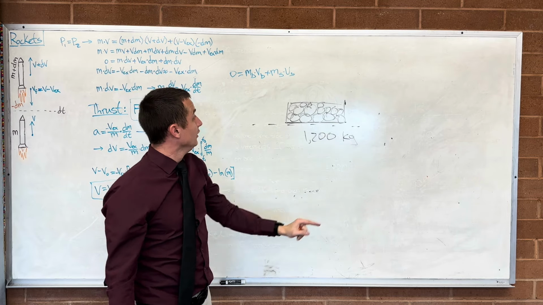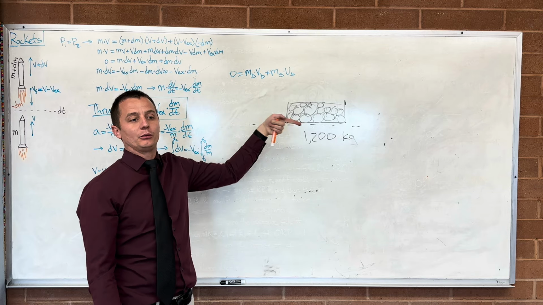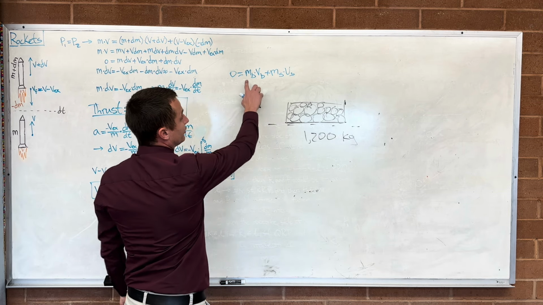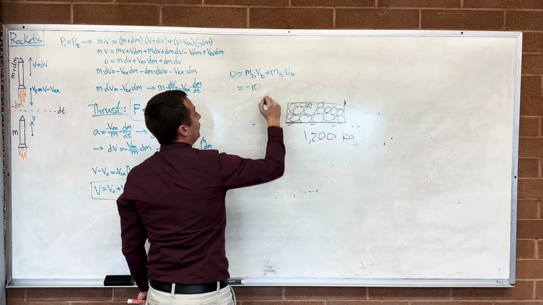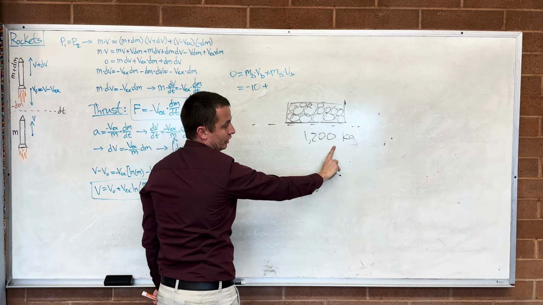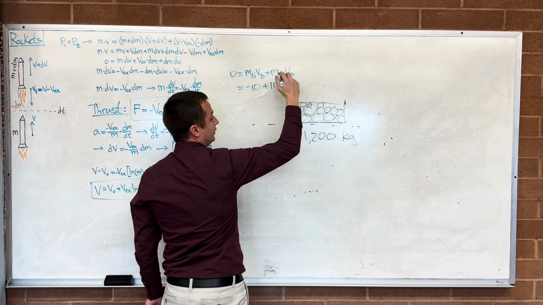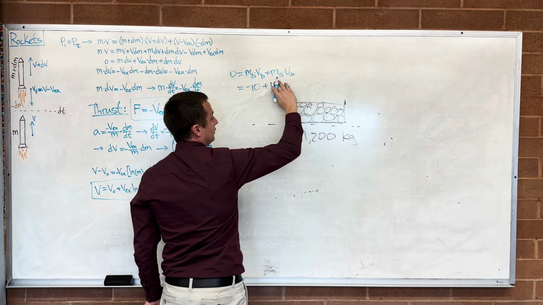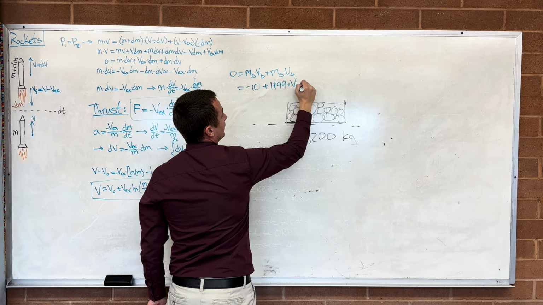If I throw the ball out at 10 meters per second, that's negative 10 meters per second. We'll call that the positive direction. So this is negative 10 plus the mass now of our system, if we threw one ball out, 1199, times now the velocity of the sled.